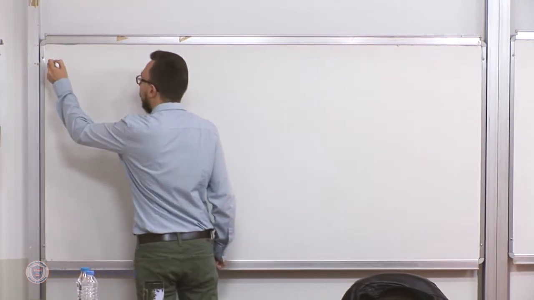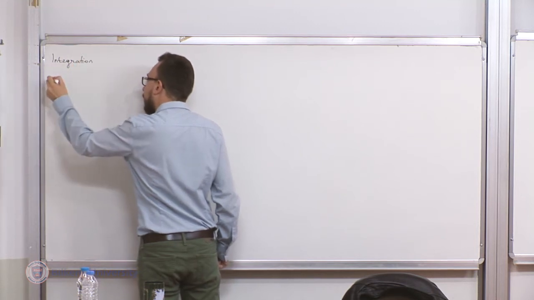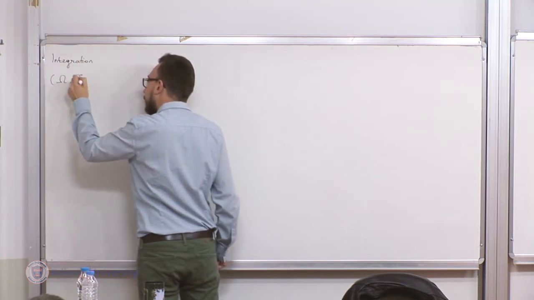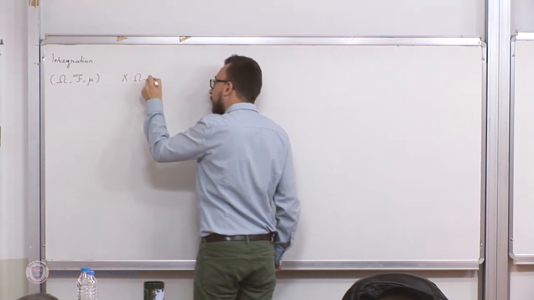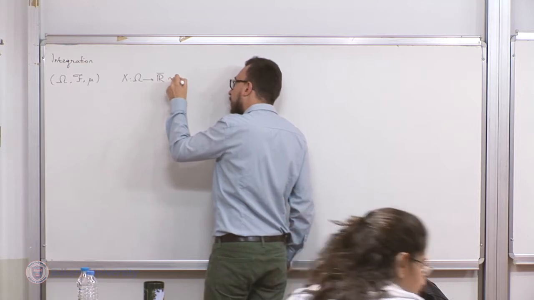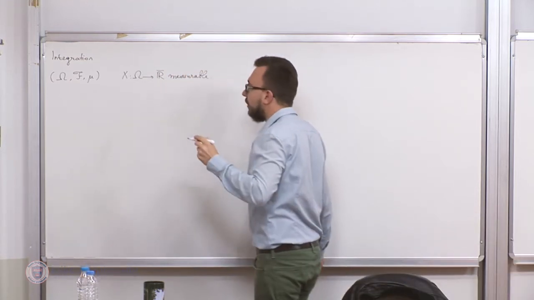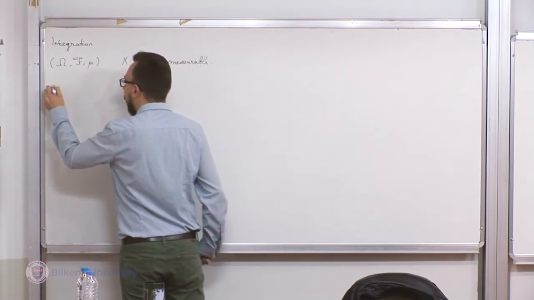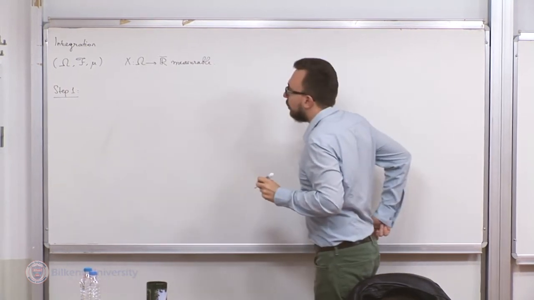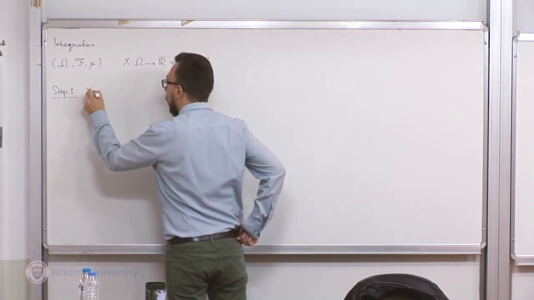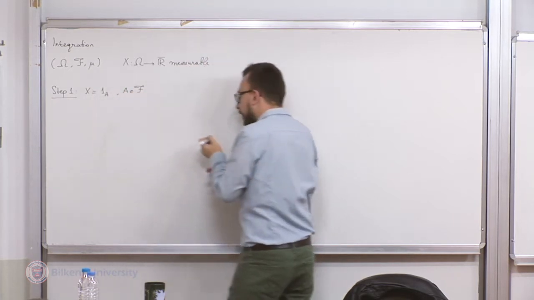So if we have a probability space or a measure space in general, and a numerical random variable on it, a measurable function, we follow the steps. The first step was to define the integral of an indicator function where A is a measurable set.